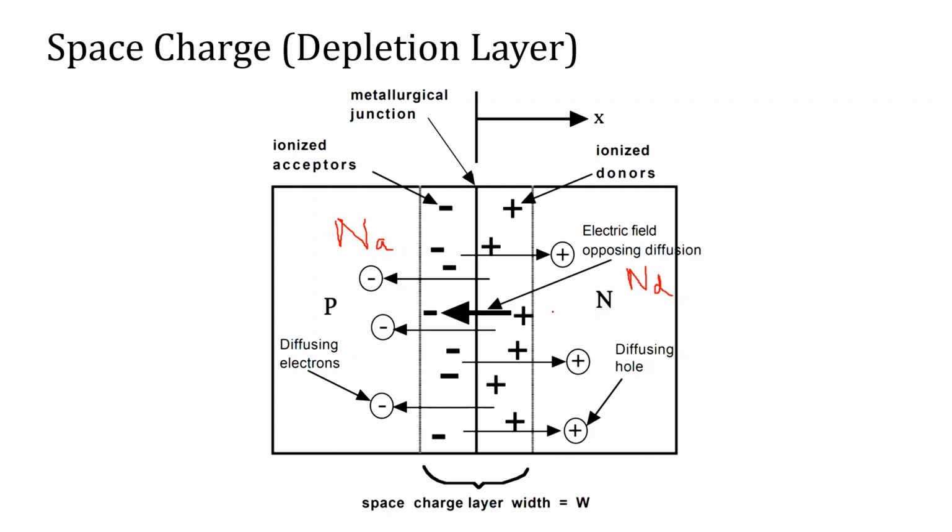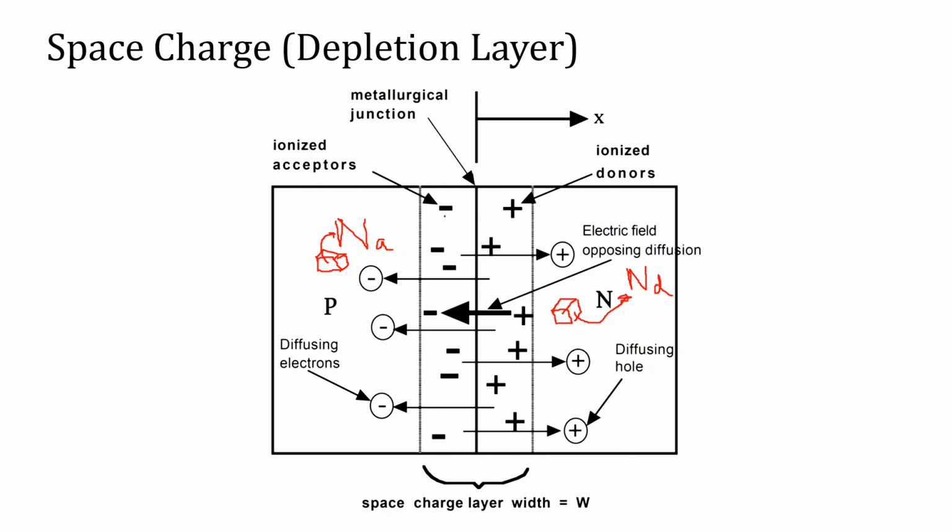Density means numbers per cubic centimeter. So if we take a cubic centimeter of the n side, it will have Nd electrons. Similarly, a cubic centimeter of the p section will have Na holes.